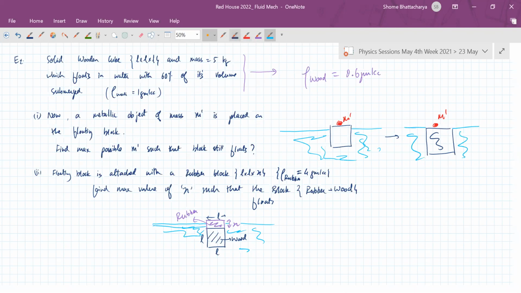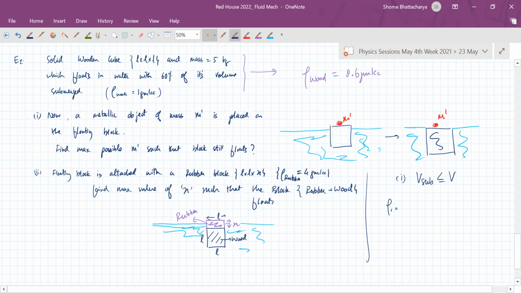So for the first part's answer, the volume of wood submerged should be less than equal to the total volume of wood. So density of water into volume submerged into g should be equal to M prime plus mg.